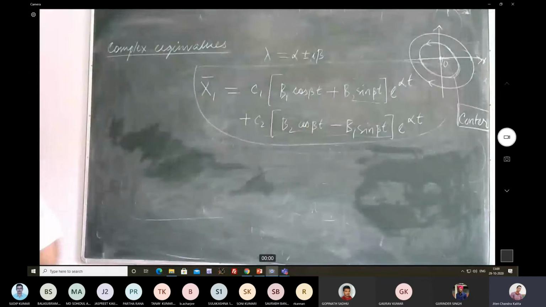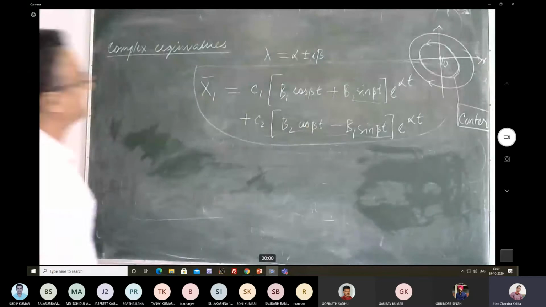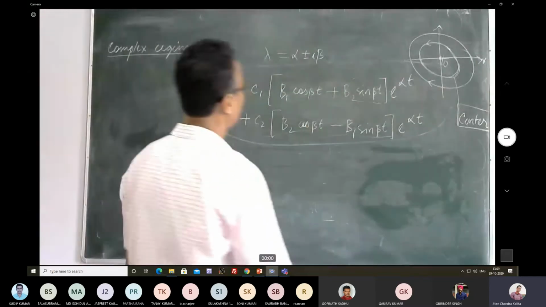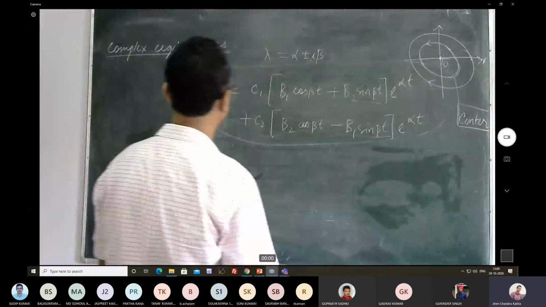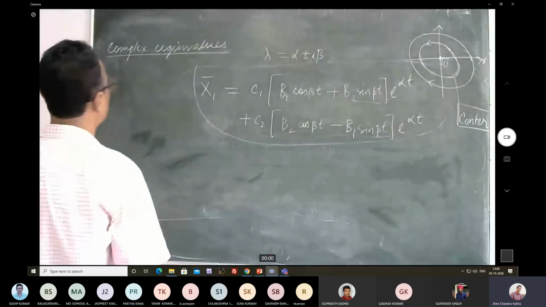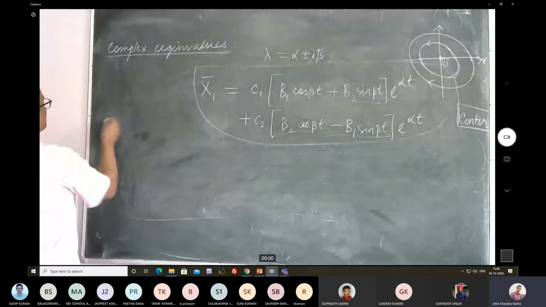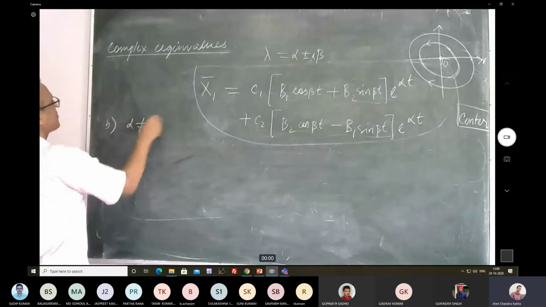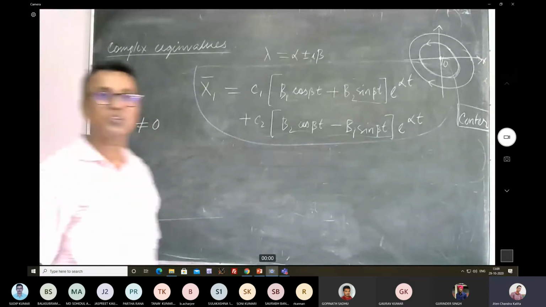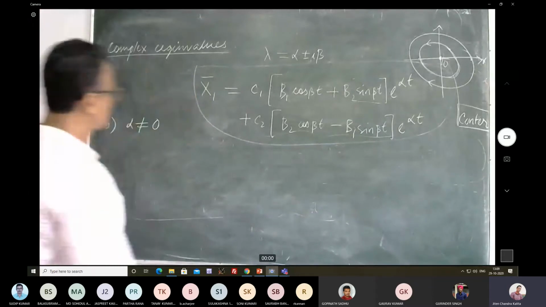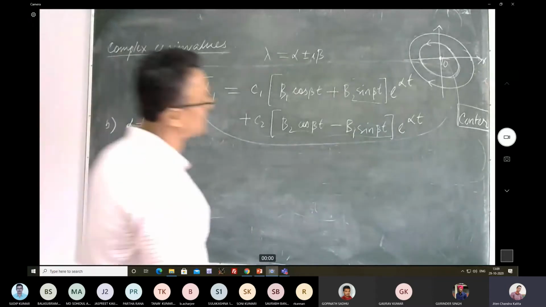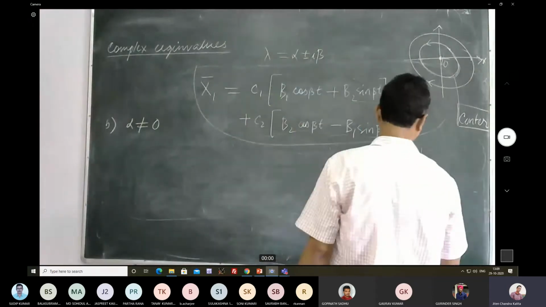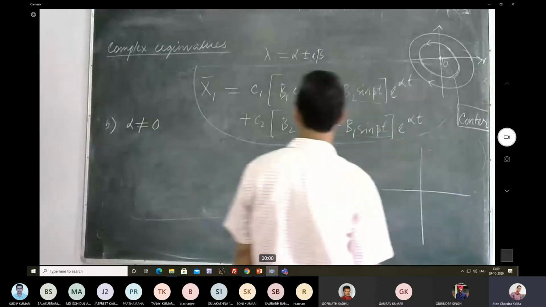Now, I have gone through a couple of books for this next case. This next case is case B, where alpha is not equal to 0.